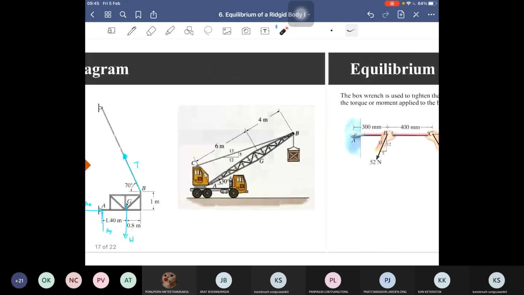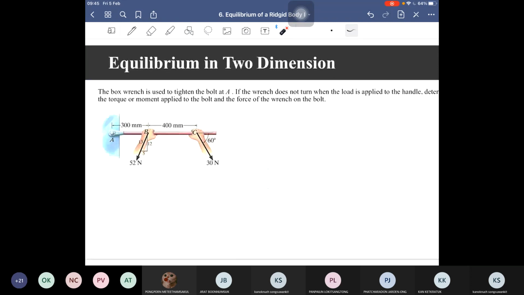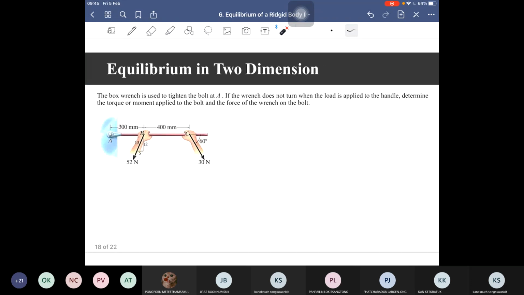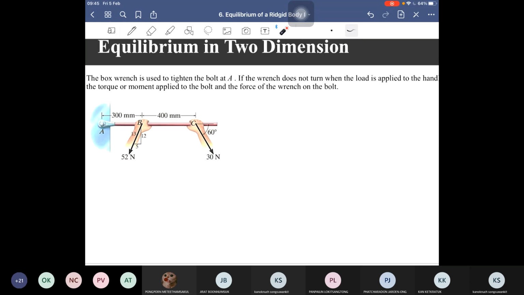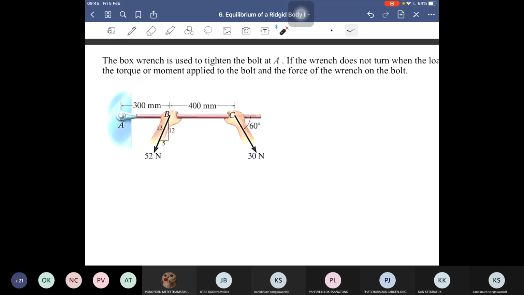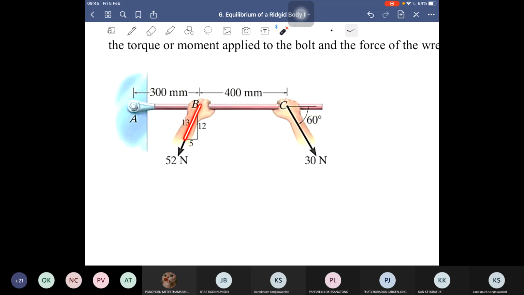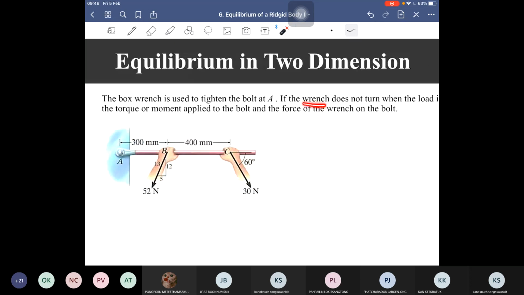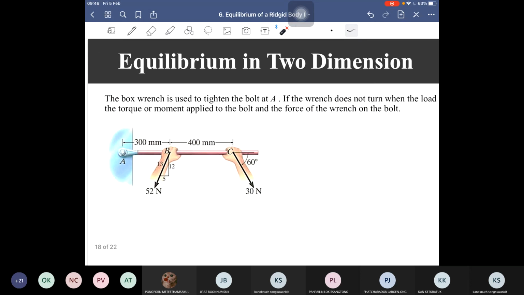Now let's see one example. Okay, for this question, they want you to determine the torque or the moment applied to the bolt and the force on the wrench of the bolt. So when you exert the force from both hands equal to 52 and 30 Newton on this bolt, okay, it says that the wrench does not turn. It means that we're still in the static system.